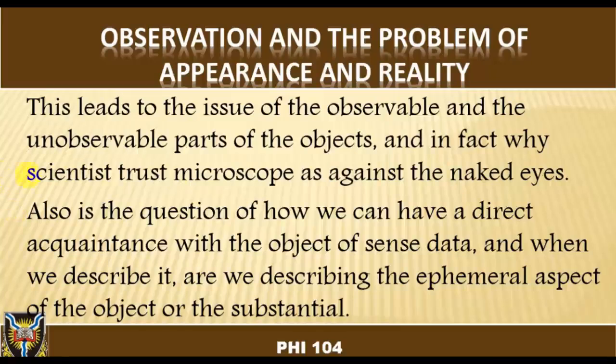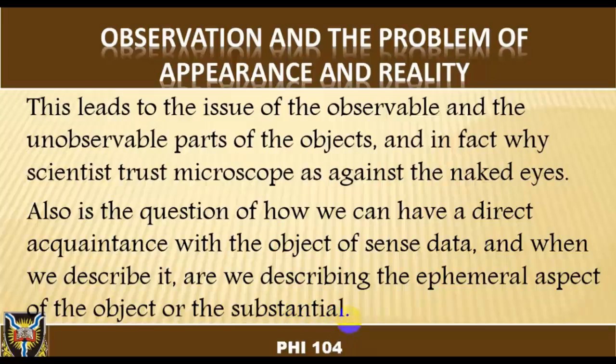Also is the question of how we can have a direct acquaintance with the object of science data, and when we describe it, are we describing the ephemeral aspect of the object or the substantial? Again, one would question how we have come to the conclusion of having knowledge about this object of knowledge via acquaintance or description.